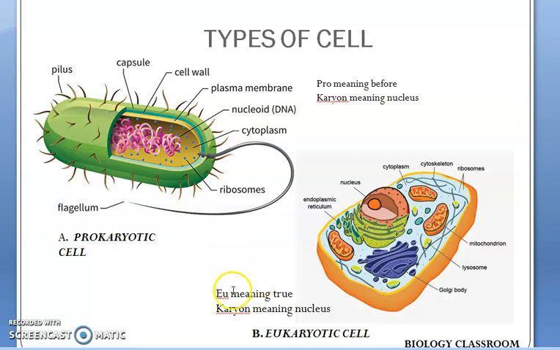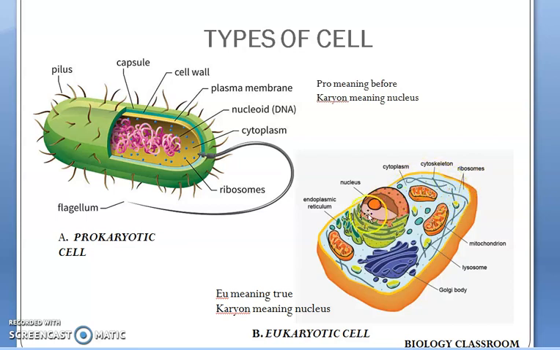And the word eukaryotic is made up of two words, eu meaning true and karyon meaning nucleus. It means in eukaryotic cells there is a true nucleus, and in addition the eukaryotic cells also have membranous cell organelles like mitochondria, ribosomes, lysosomes, Golgi bodies, centriole.